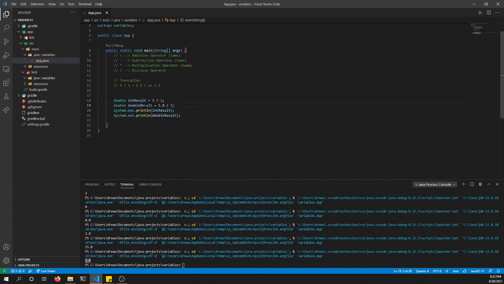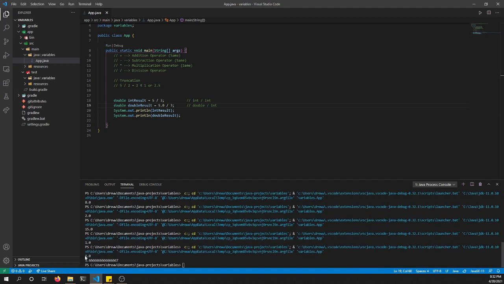So the only difference between these two lines is that this one is 5.0 divided by 3, and this one is 5 divided by 3. Said another way, this is an int divided by an int, and this is a double divided by an int. If I run this, now I see a difference.